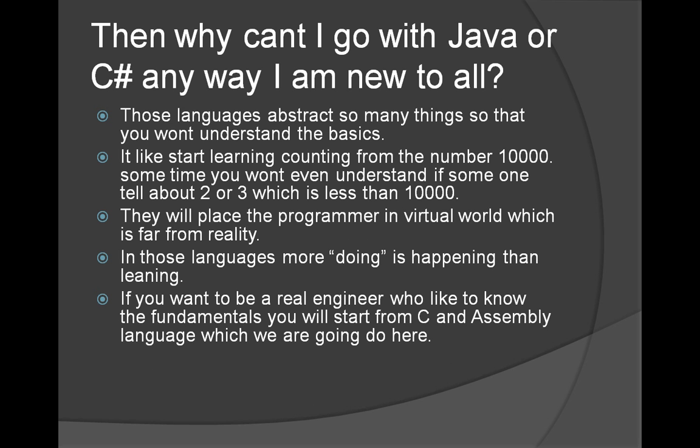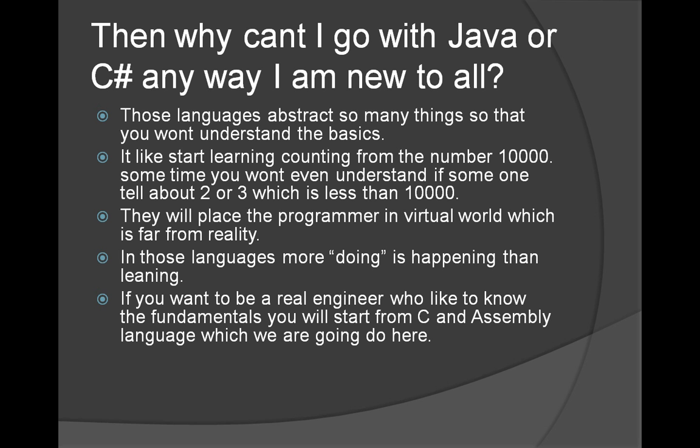Then obviously the question is why we learn C. Why can't I learn Java or C#? Because I don't know anything. So the reason is those languages are not fundamental languages. Those languages abstract a lot of things from you, and to learn fundamentals you have to start with either C or assembly.